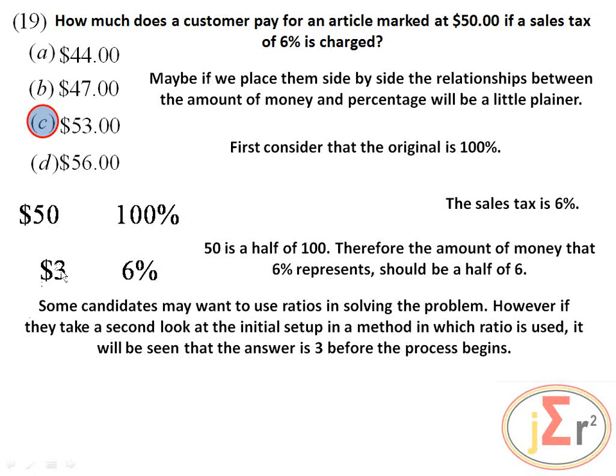You put x right here. As long as you keep your eyes open, you should see that this is a half of this. So this must be a half of that. So while you are setting up your problem in order to make use of ratios, keeping your eyes open, you would not bother to use ratios because you would see the answer very quickly before the process begins, as long as you keep your eyes open.